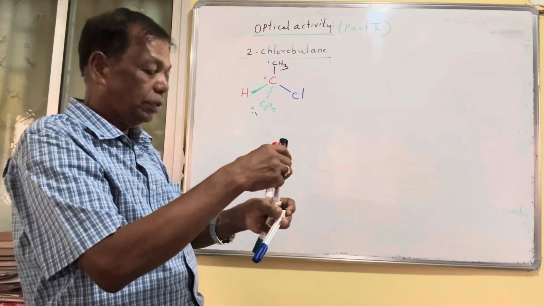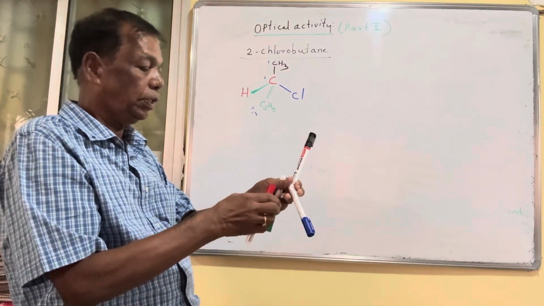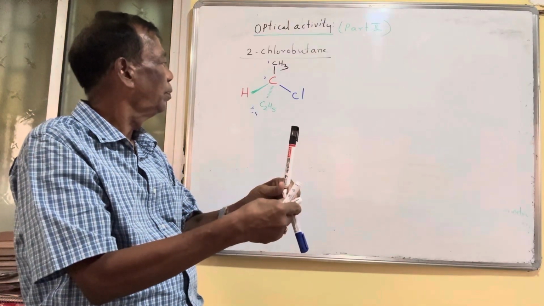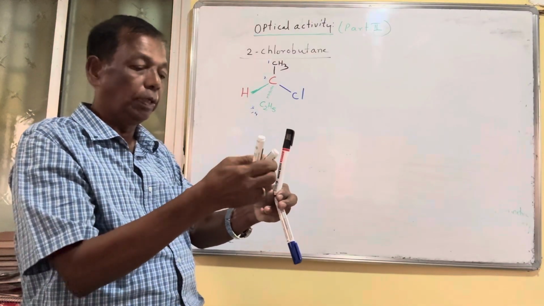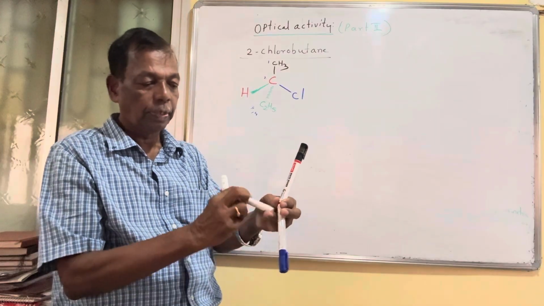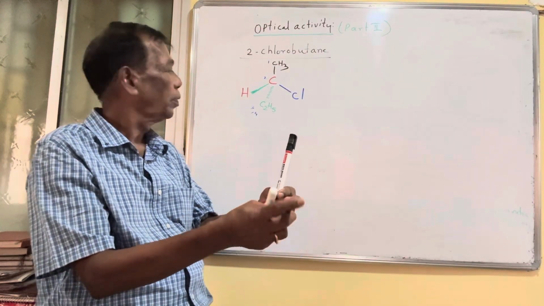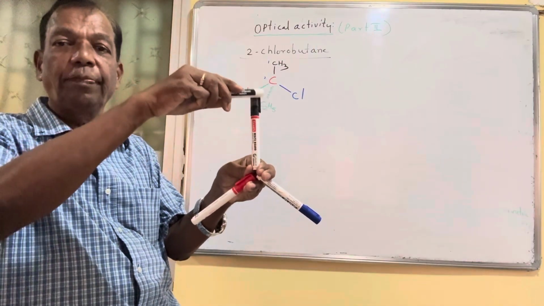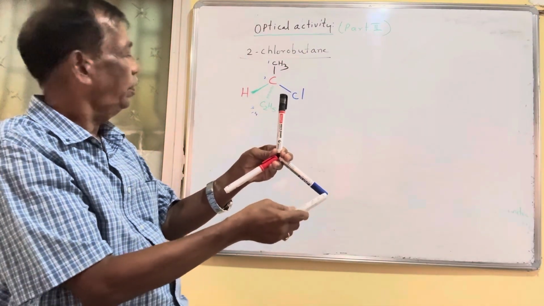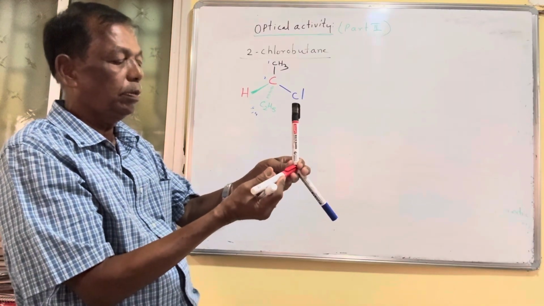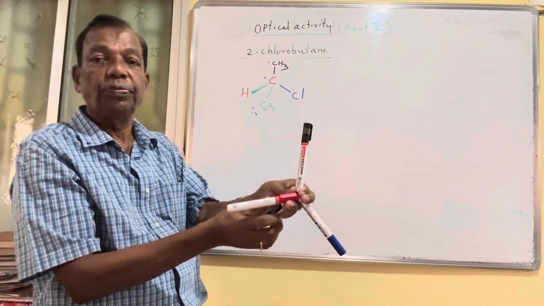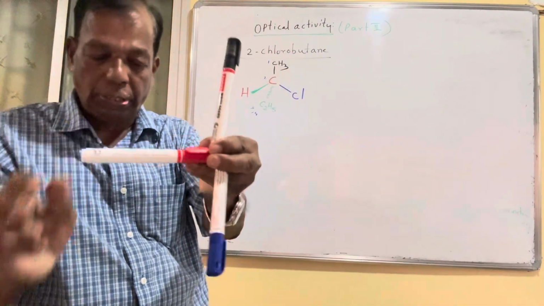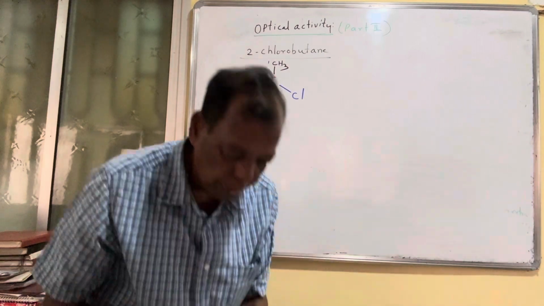This is chlorine, this side is H, and this is away from you, which is Cl. This is methyl. This is Cl, and this one will be away from the observer. So it becomes like this.